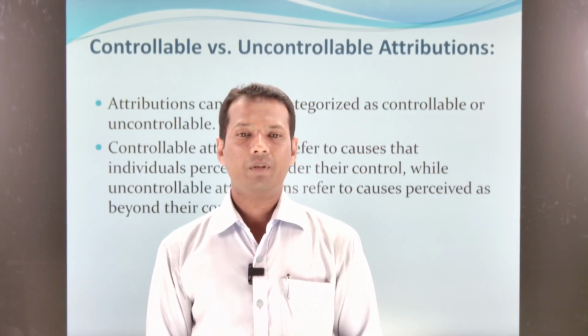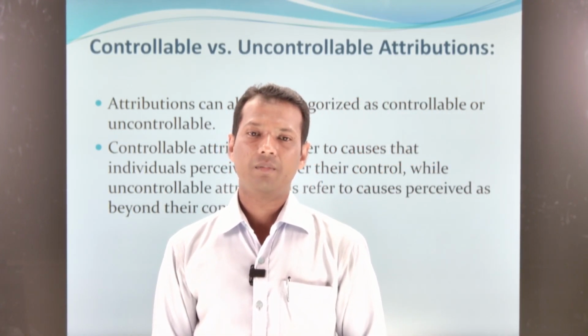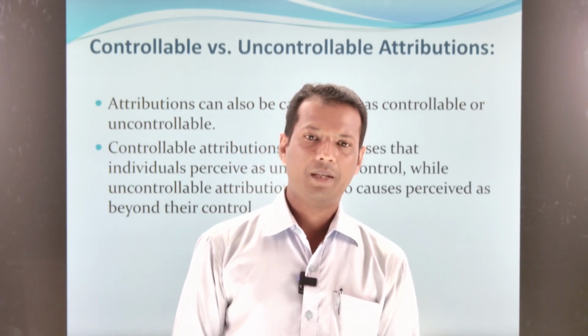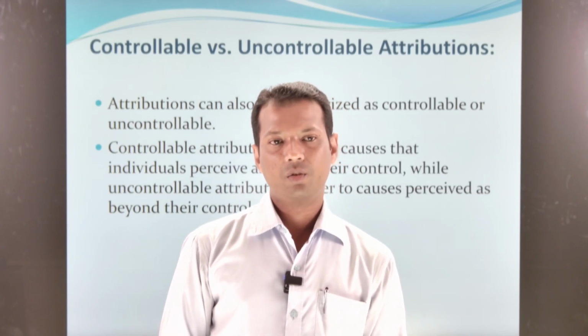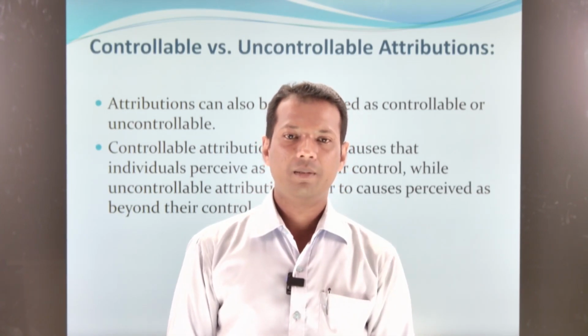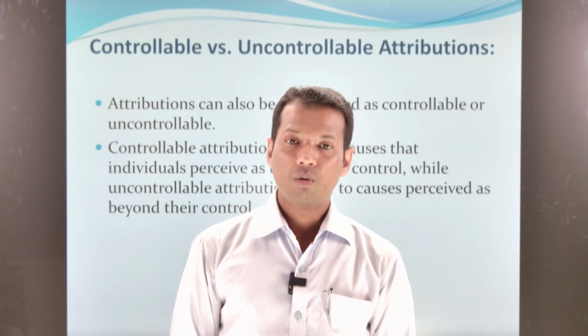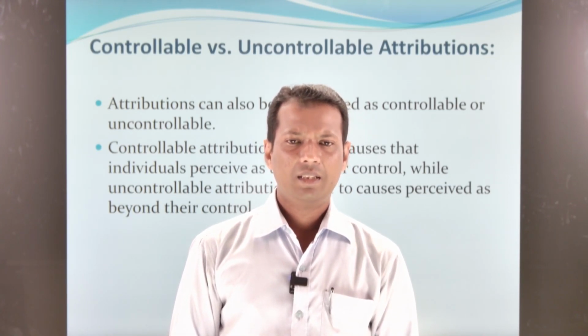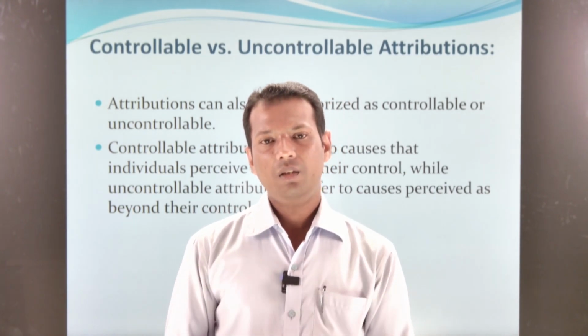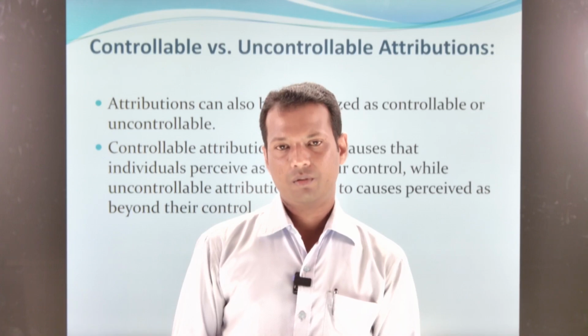So what is an example of a controllable attribute? See how you perceive in a workplace. What is the behavior to any kind of change? How you perceive the behavior of your co-worker or your colleague is something under your control. I mean, you need to control your attributes.